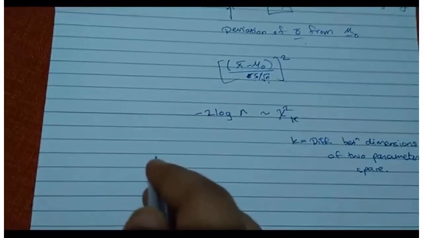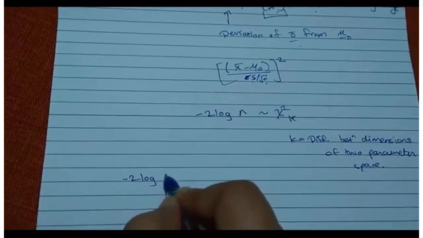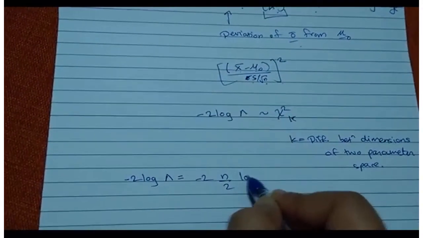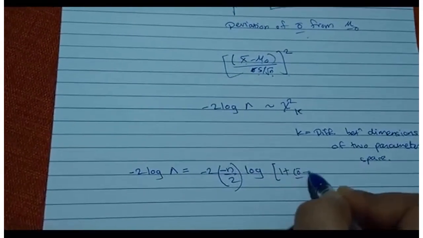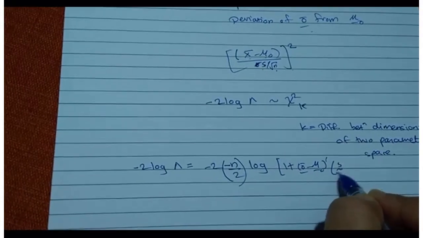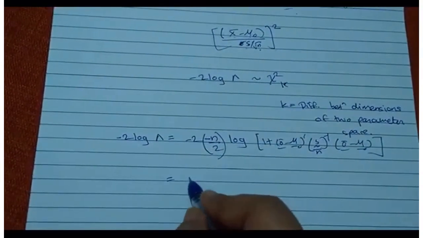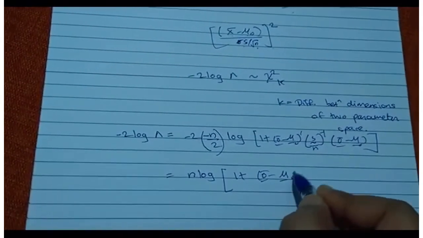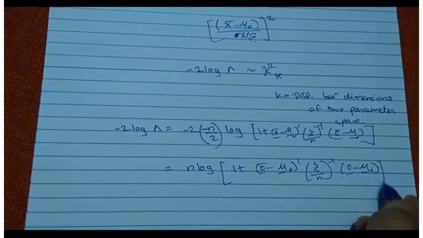So in this particular context, minus 2 log lambda would be n by 2 log of, if I take the minus sign, then log of 1 plus O bar minus mu naught prime S by N inverse O bar minus mu naught. Okay. So 2 gets cancelled, minus sign gets cancelled. So I am left with n times log of 1 plus O bar minus mu naught prime S by N inverse O bar minus mu naught.